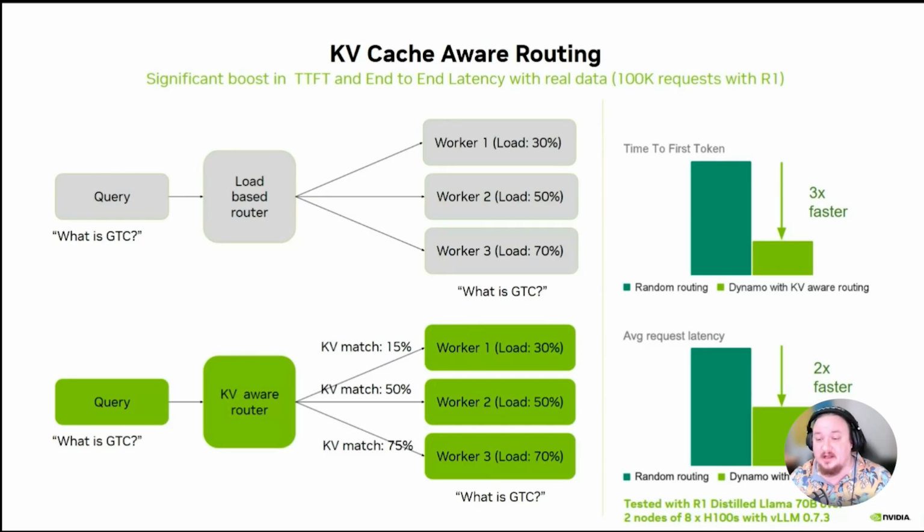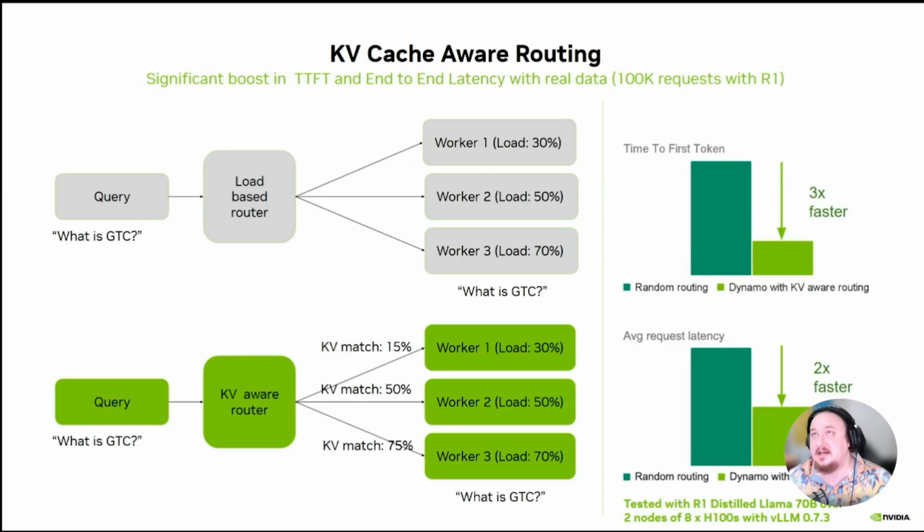And the idea here is that instead of going to a KV cache where, well, the load is pretty low, so typically we're just going to go to the low load GPU, now we can think about a trade-off, right? Okay, the load is low here, but this other one has everything I need already in the KV cache. And what this allows us to do, again, is make things faster. So instead of just considering traditional load-based routing, we can now think about KV aware.